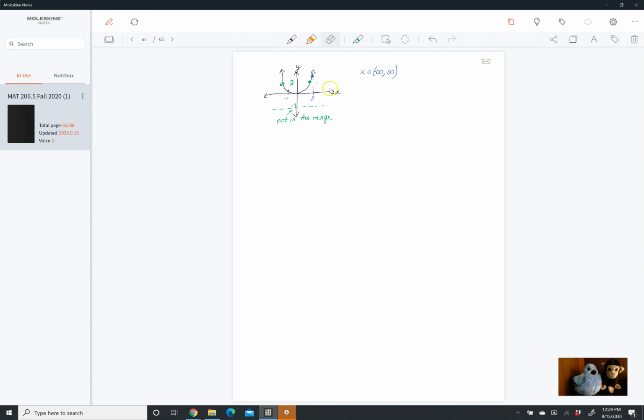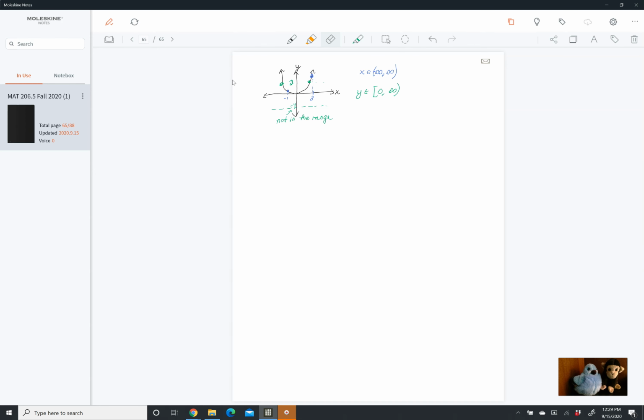Okay. So y equals 2 is part of the range. Anything greater than or equal to 0. 0 is on the graph, okay, right? 0 is the vertex. So our range here, I'll write it using set notation and interval notation. Our range is from 0 to positive infinity.